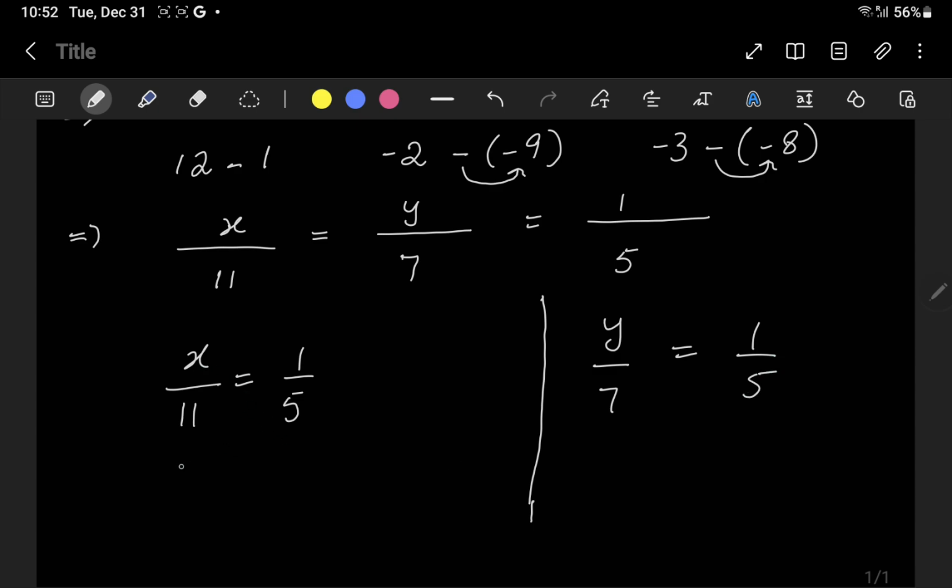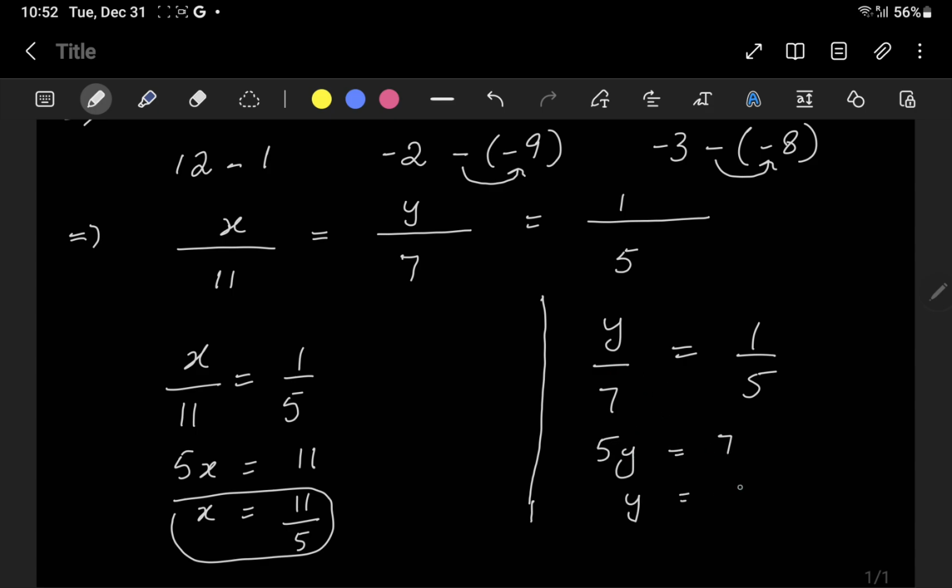The value of x: 5x is equal to 11, and x is equal to 11 upon 5. So the value of x is 11 upon 5. Here cross multiply: 5y is equal to 7, or y is equal to 7 upon 5. The value of y is 7 over 5.